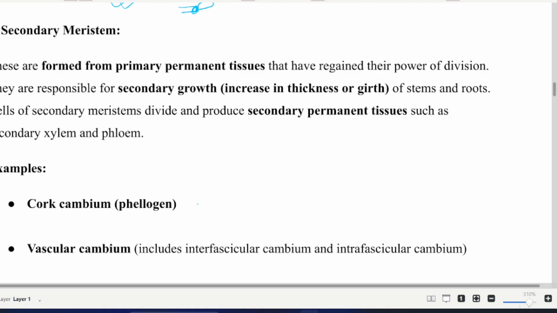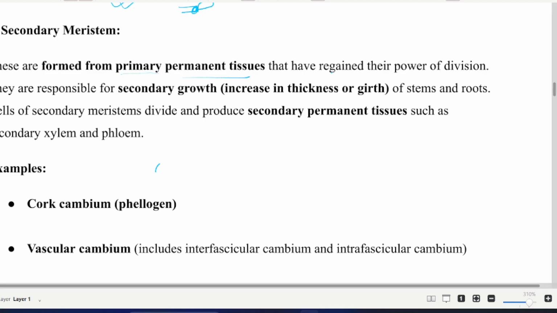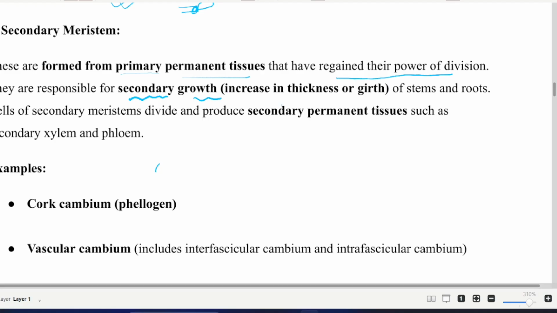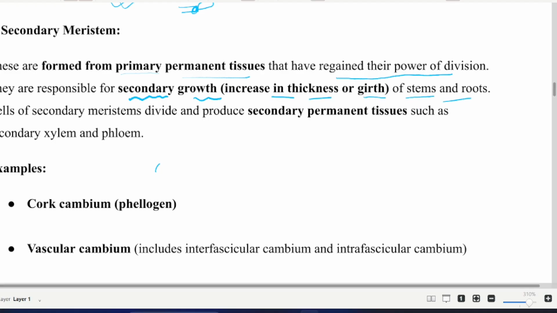Likewise, talking about the secondary meristem, these are formed from the primary permanent tissue that have regained their power of division, and they are responsible for the secondary growth, increase in the thickness or girth of the stems and roots.